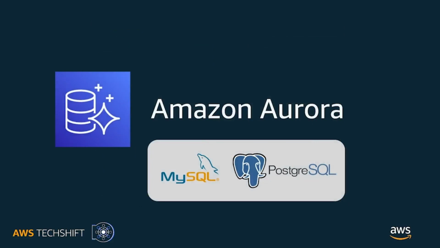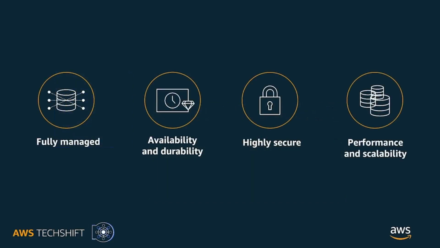Amazon Aurora is a MySQL and Postgres compatible relational database built for the cloud that combines the performance and availability of traditional enterprise databases with the simplicity and cost effectiveness of open source databases. What benefits do you get from using Amazon Aurora?